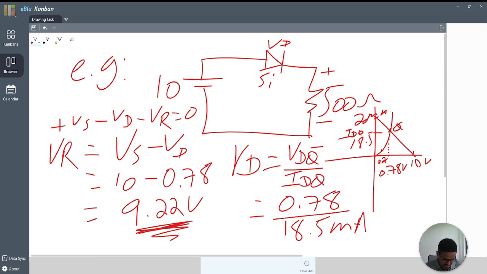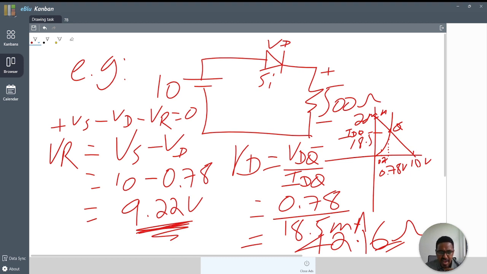Let's calculate. 0.78 divided by 18.5 milliamperes. It becomes 42.16. This is the resistance of the diode.